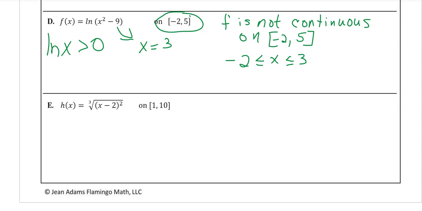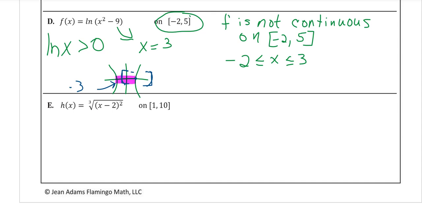It's going to be a graph that's going to kind of look like this, I think, like that. Okay, so this whole section in the middle here is undefined, and our interval starts right here and continues over this way. So there's a section from -2 to 3, the pink part, where the graph is not defined.